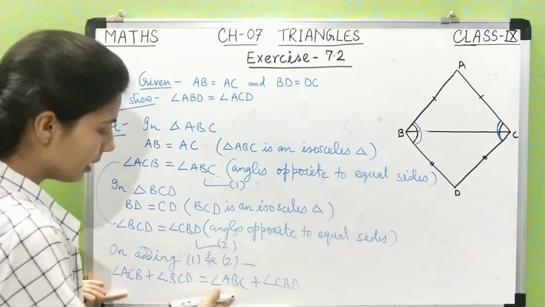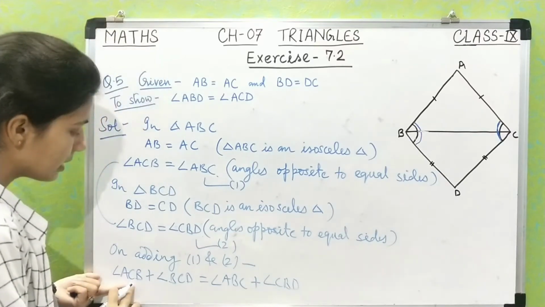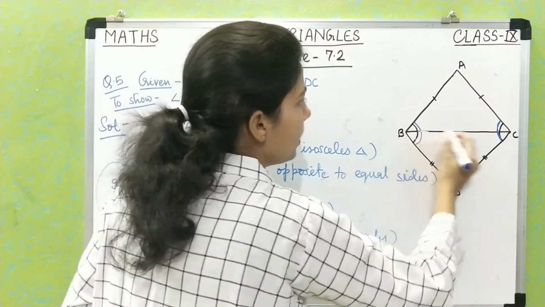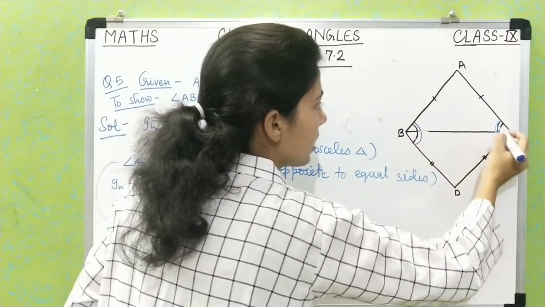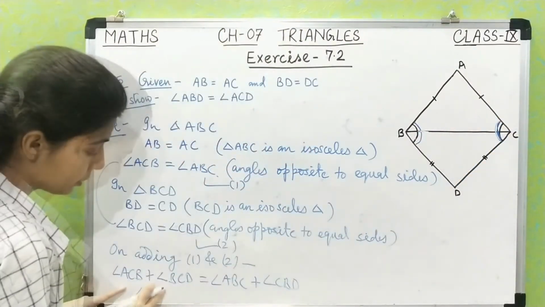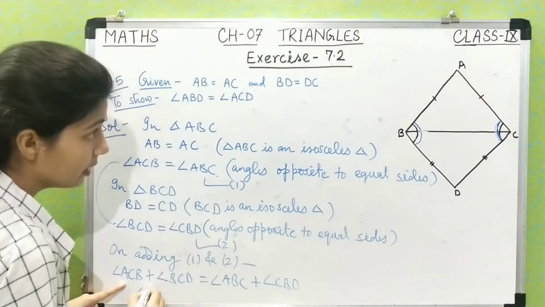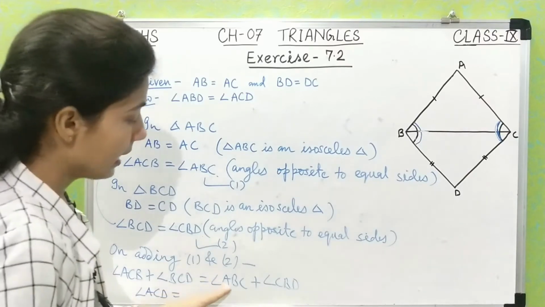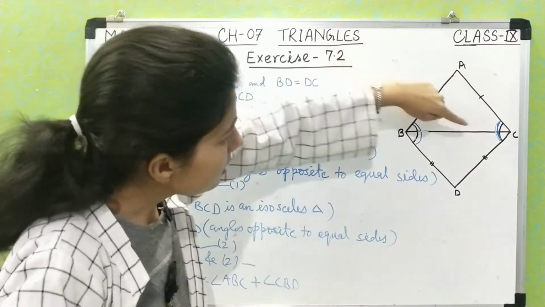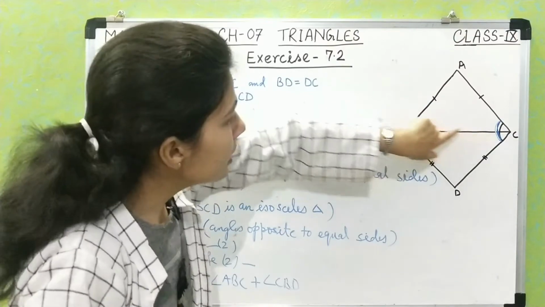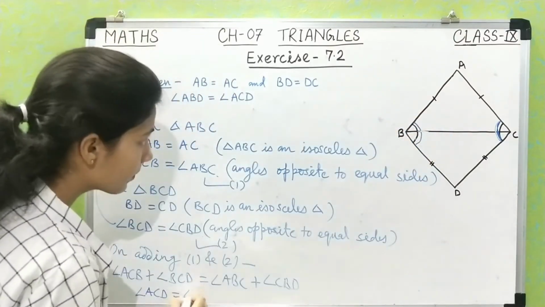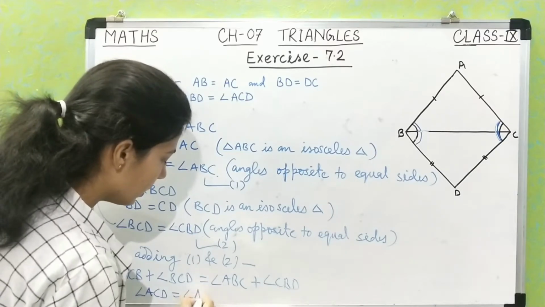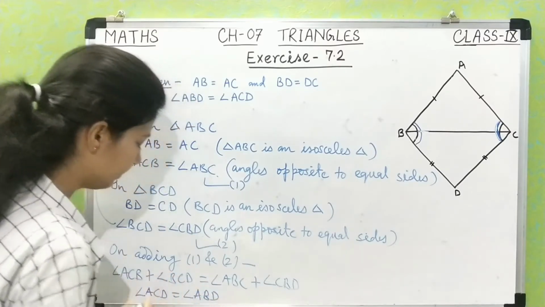So the same is applying here. Now see, ACB plus BCD is what? This is angle ACD, so we can write angle ACD in its place. That will equal angle ABC plus angle CBD, meaning angle ABD.